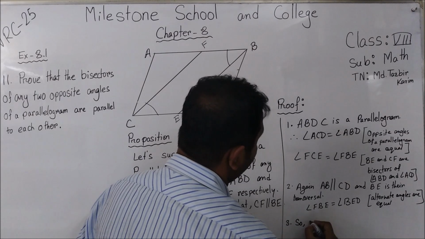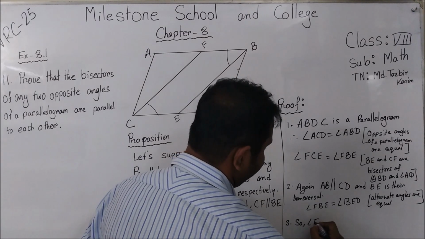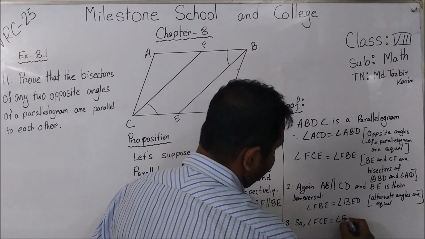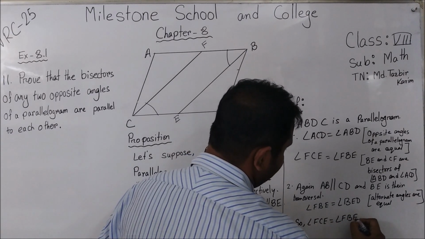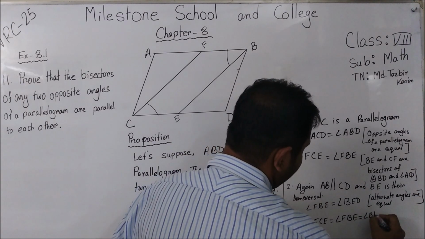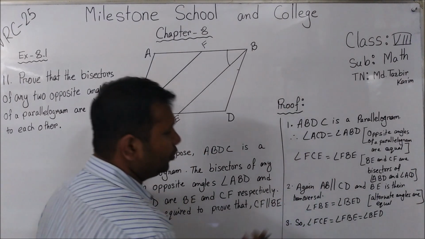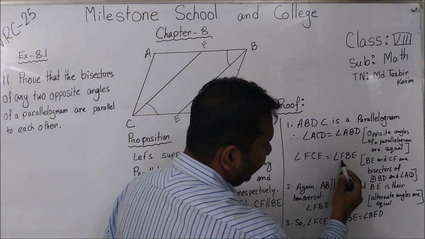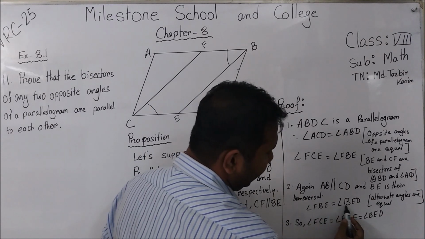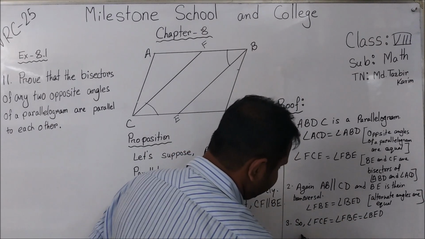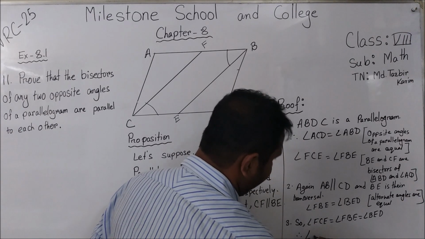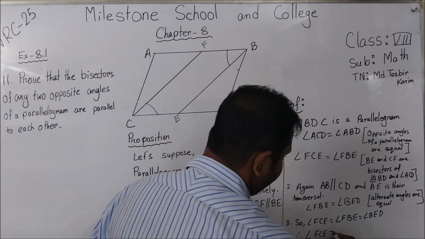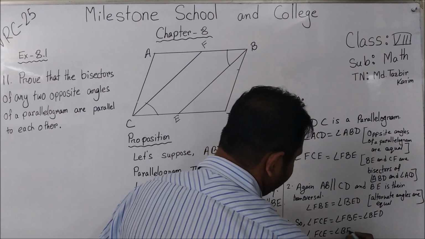So angle FCE equals angle FBE equals angle BED. So from these two, you can see angle FCE equals angle FBE equals angle BED. Therefore, angle FCE equals angle BED.